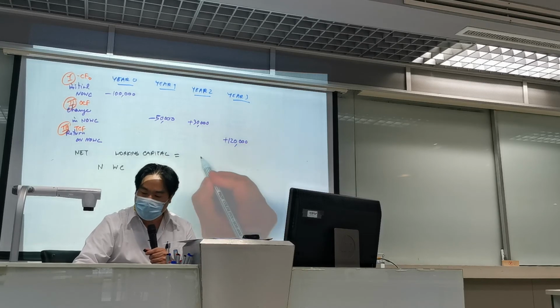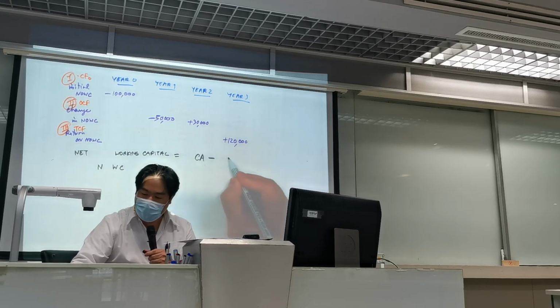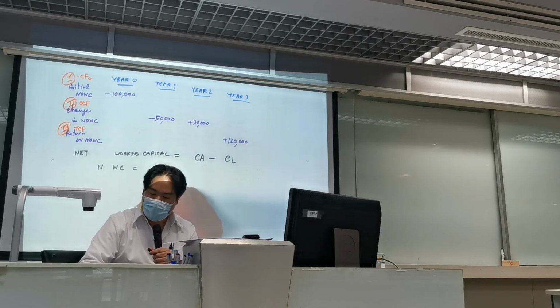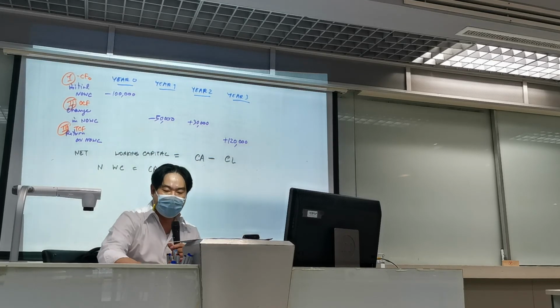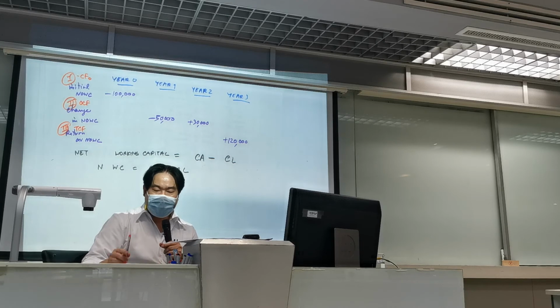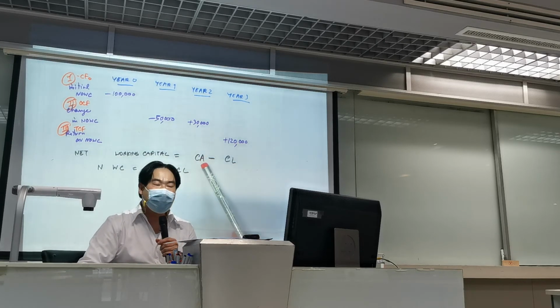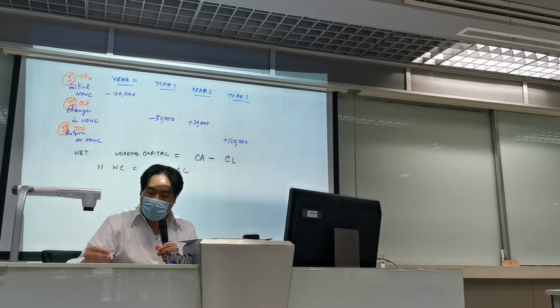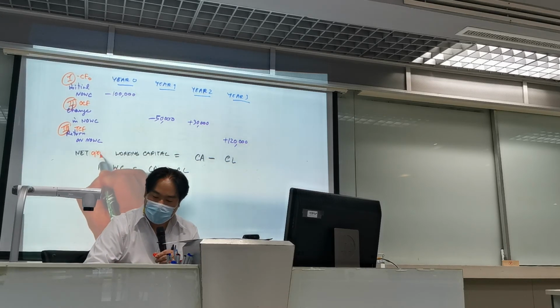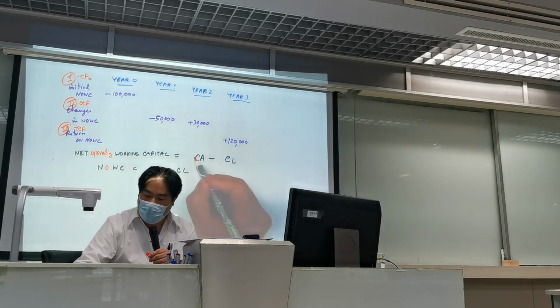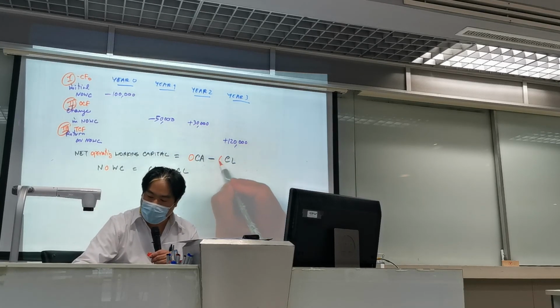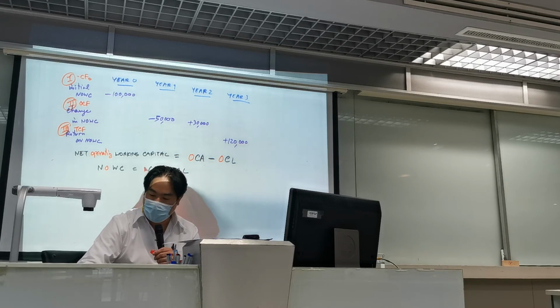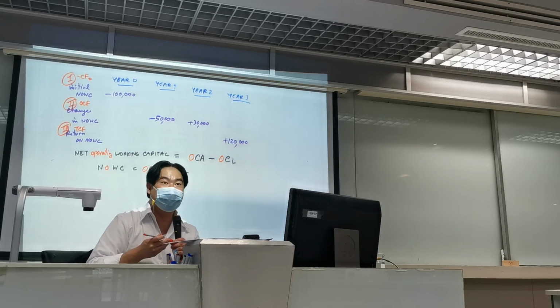It is just equal to current assets minus current liabilities. Now, for finance people, we are not going to use total current assets and total current liabilities. We will use only net operating working capital, or NOWC, which comes from operating current assets minus operating current liabilities. So we put OCA minus OCL.